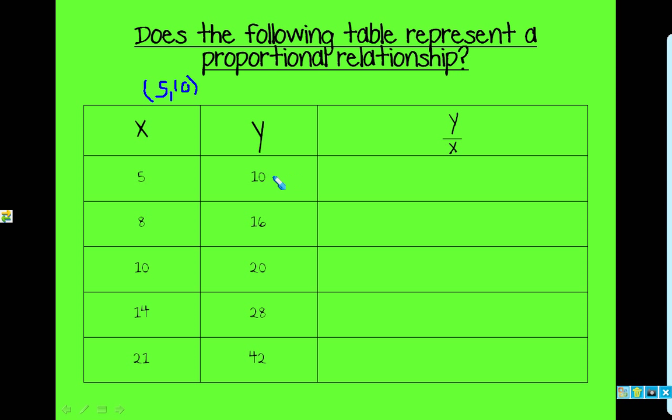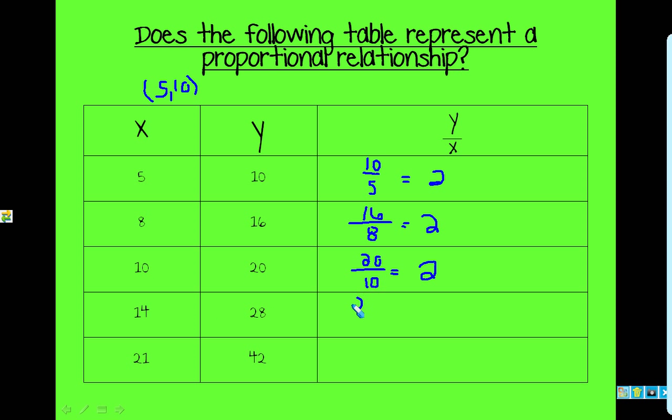So let's find out. We have y over x. So our y is 10 and our x is 5. 10 divided by 5, this is 2. Let's do the second one. Y is 16, 8 is our x. 16 divided by 8, there we go, I told you the answer. The answer is 2. Constant so far. Here, y is 20 and your x is 10. 20 divided by 10 is 2.